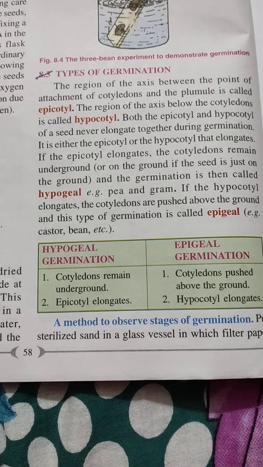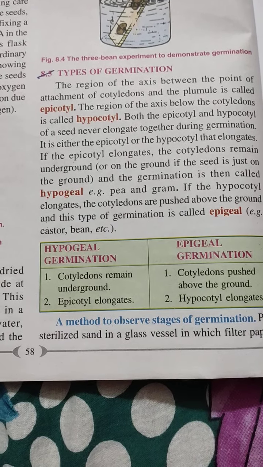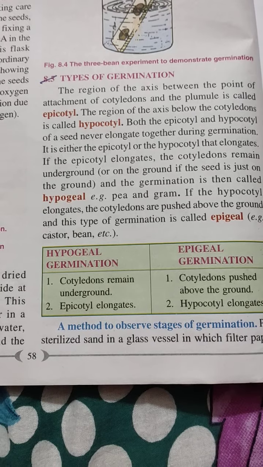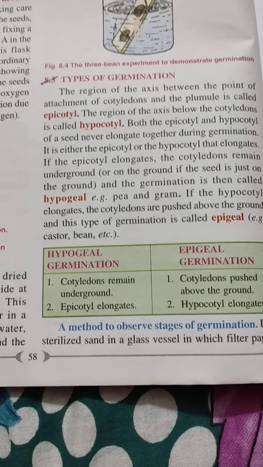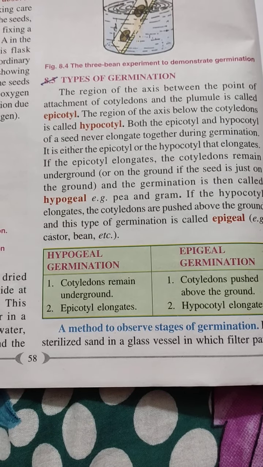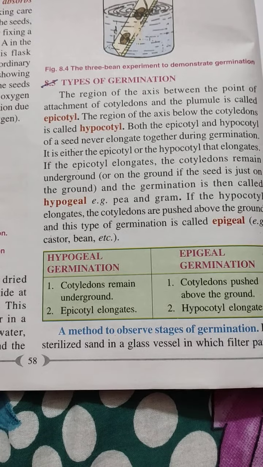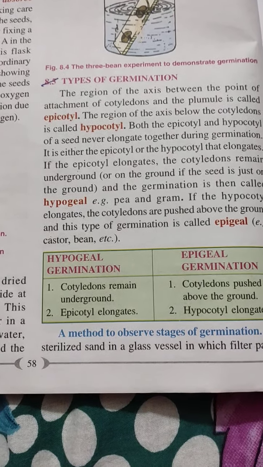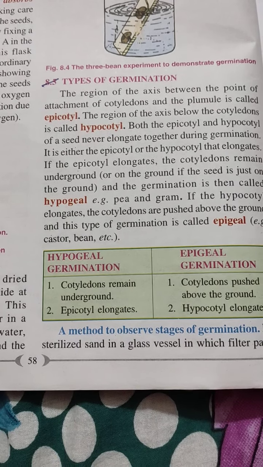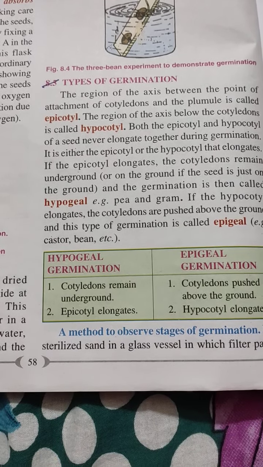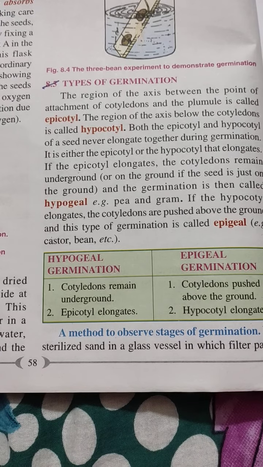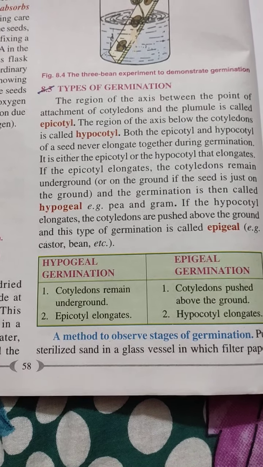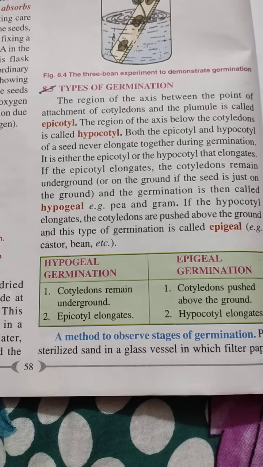So there are two parts, one is epicotyl, another is hypocotyl, depending upon whether it is above the point of attachment of cotyledons or below it. Now both this epicotyl and hypocotyl never elongate together during the germination process. It is either one of them that will elongate.